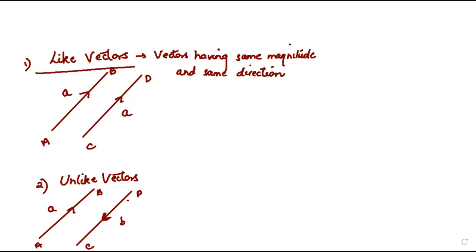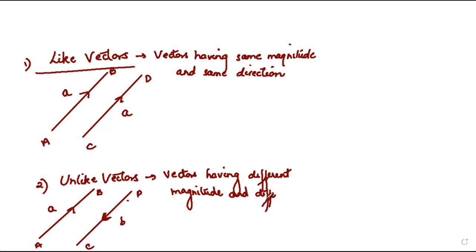So I can say they both are unlike vectors, where vectors have different magnitude and different direction. Such vectors are called unlike vectors.